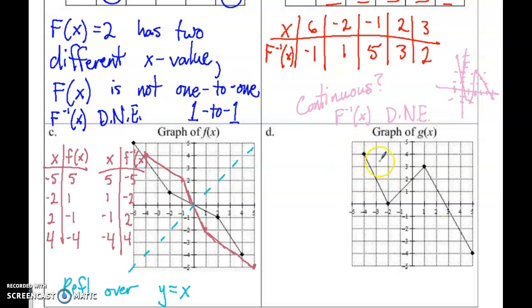And quickly doing part D, yes, this is a function, but I'll just pick a quick horizontal line in here. It crosses more than once, so it fails the horizontal line test, and therefore the inverse of g does not exist.